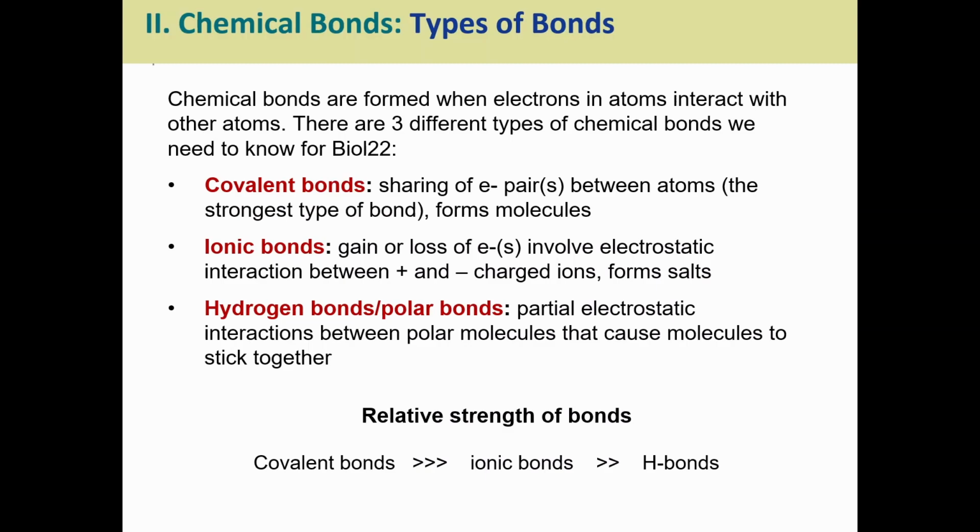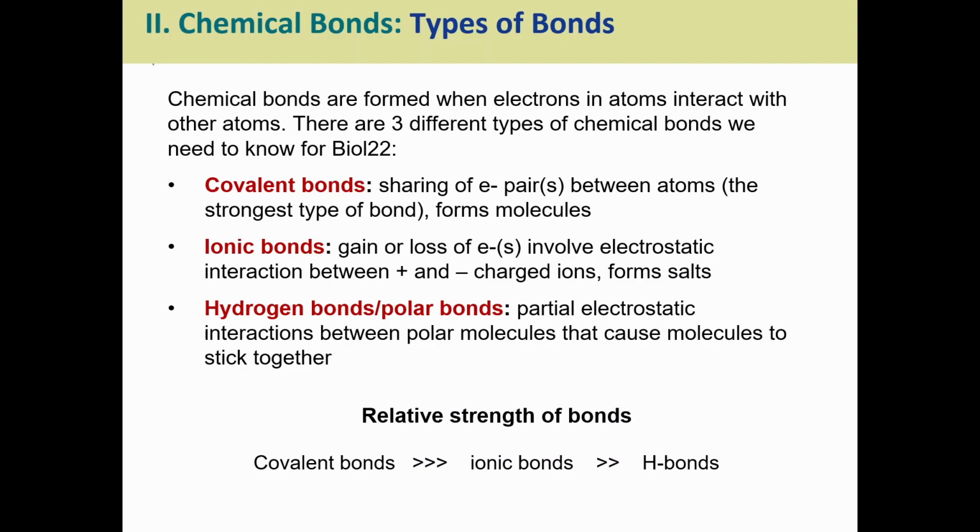So think covalent bonds. We are equally sharing electrons. If it's a pure non-polar covalent bond, we are sharing the electrons perfectly equally. Ionic bonds, we have given an electron over completely, or we have taken an electron completely.